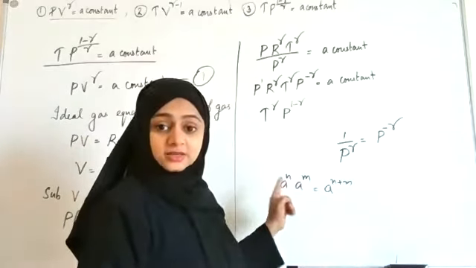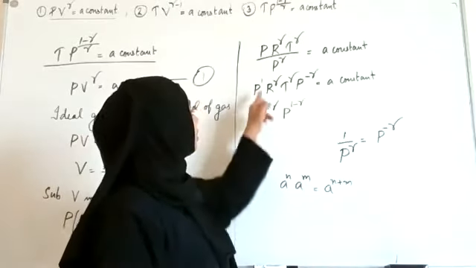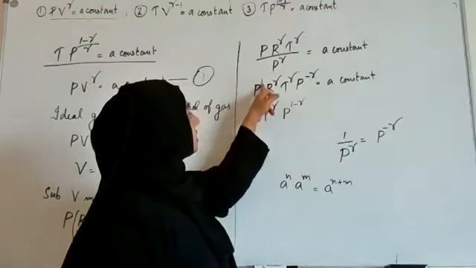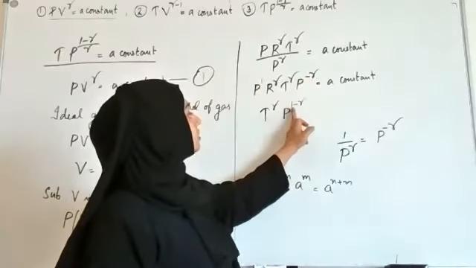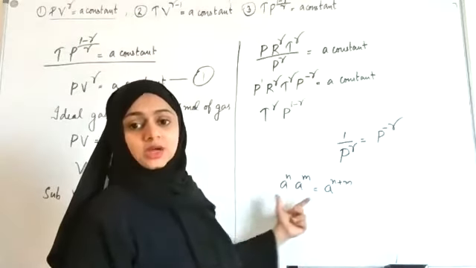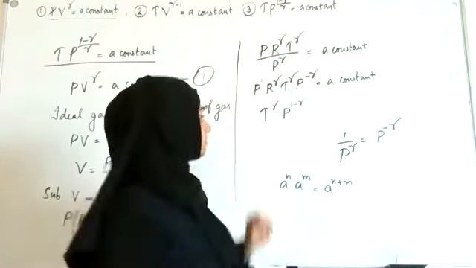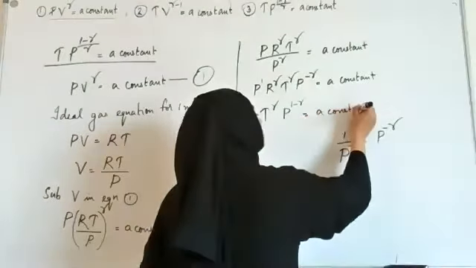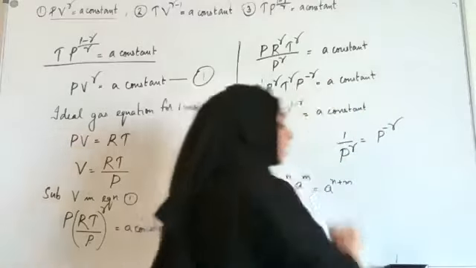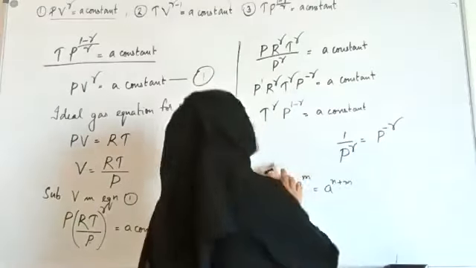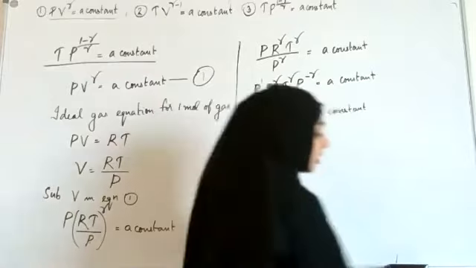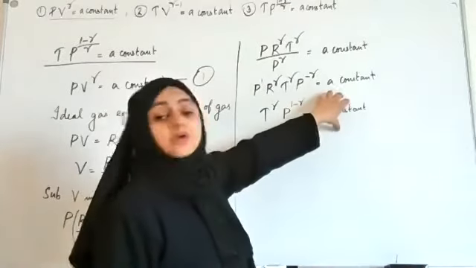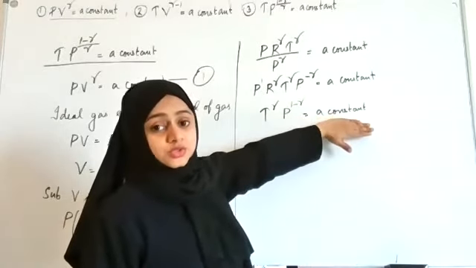You can just add the powers. So what I have done is I have just added 1 and minus gamma, so it became 1 minus gamma. This is the idea which I have used here. Equal to a constant, because even if R raised to gamma goes to the other side in the denominator, it being a constant, the whole quantity on this side will remain a constant.